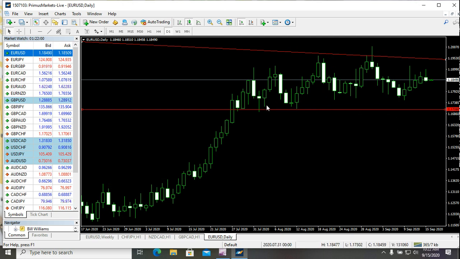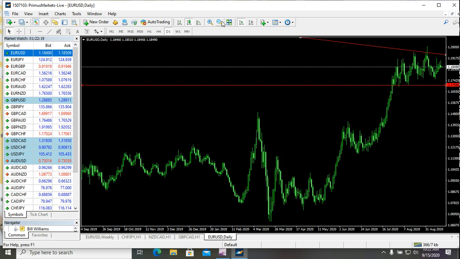Once we get a candle breaking through this line and it closes on the daily candle below this line, then we can comfortably be in our sell trend. So this is what I see on the Euro USD pair.